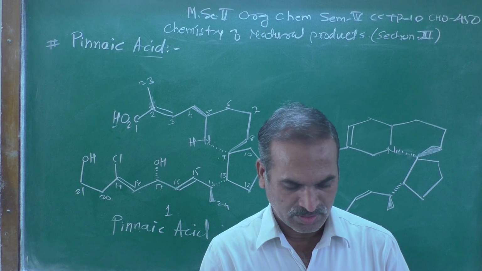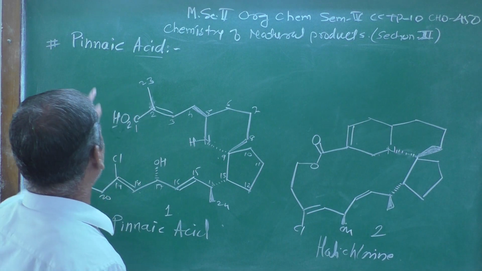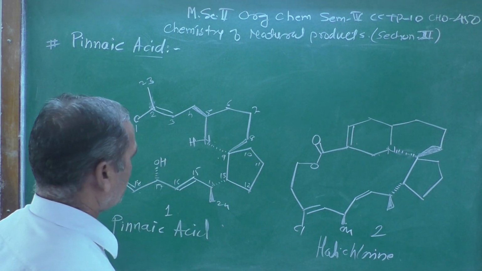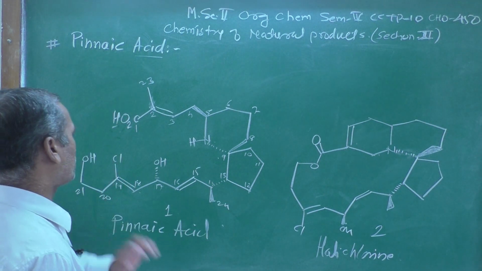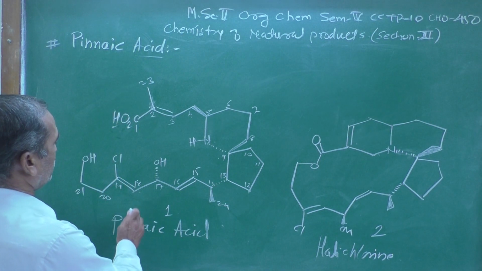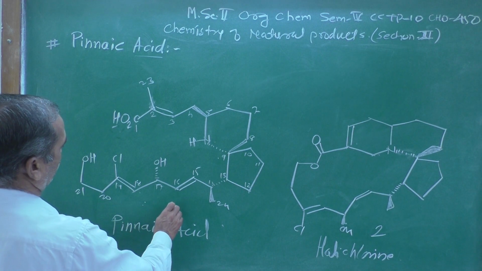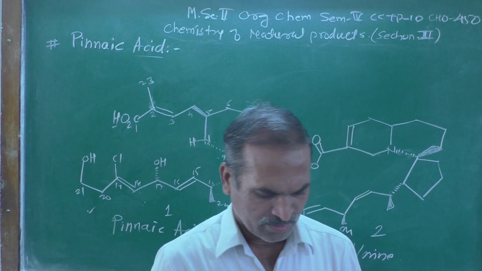So these are the two structures, but out of these the first is pinnaic acid. This is its ring form, halichlorine, which is also a natural product, but the main focus is to discuss the first structure, which is pinnaic acid.